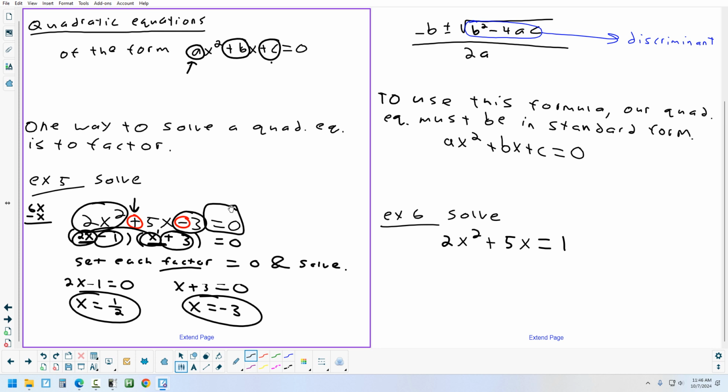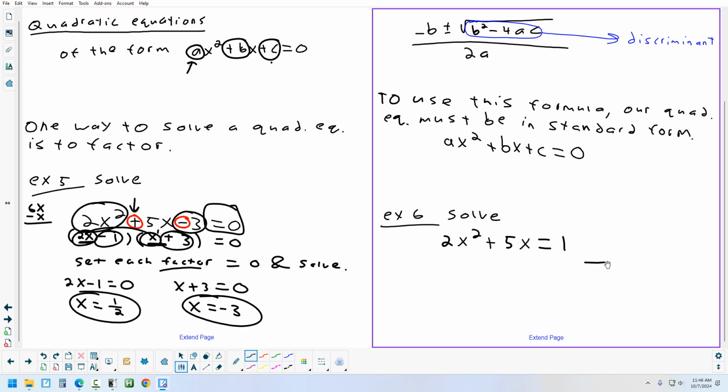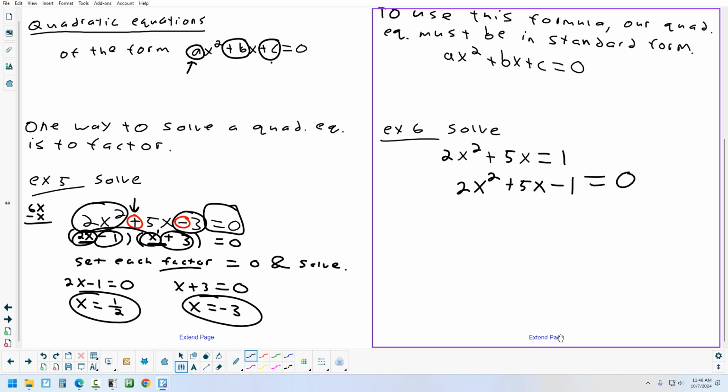Okay, but anytime you solve a quadratic, it has to equal 0 first. So can somebody tell me what I would do to get this equal to 0? Yeah. Just subtract 1. So 2x squared plus 5x minus 1.